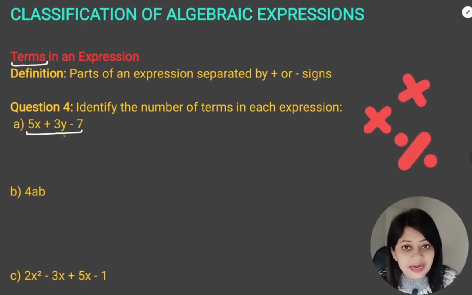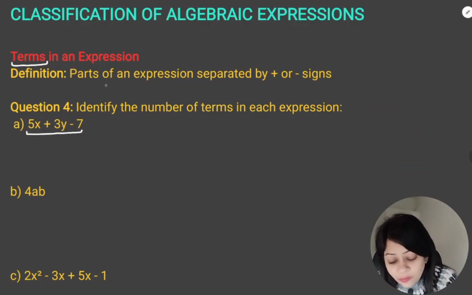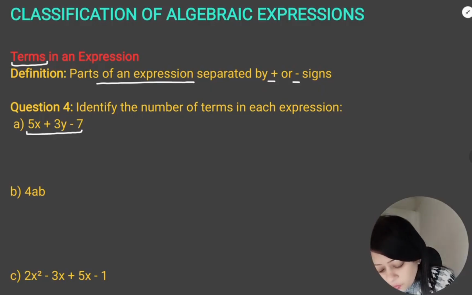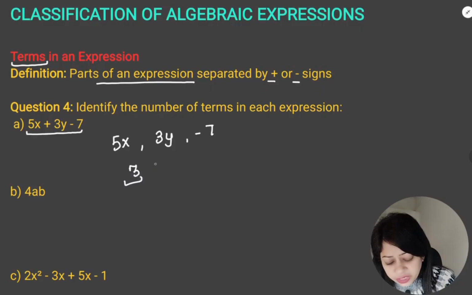What is a term now? A term is a part of an expression separated by a plus or minus sign. So how many terms do we have here? We have 5x, this is a term, 3y, this is a term, and minus 7. So you will say we have 3 terms here.